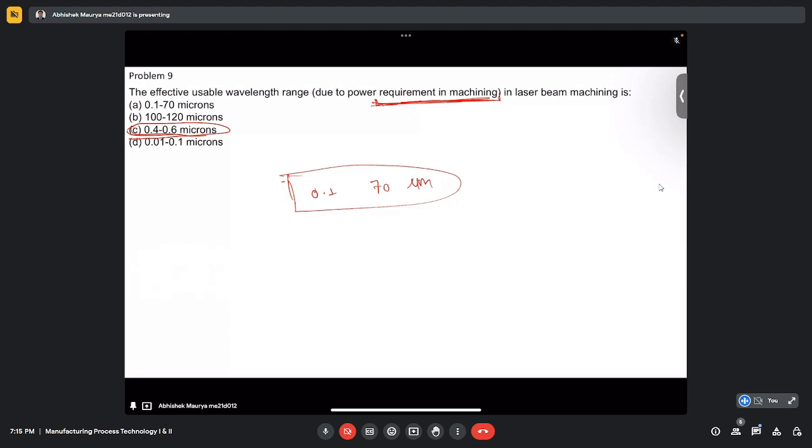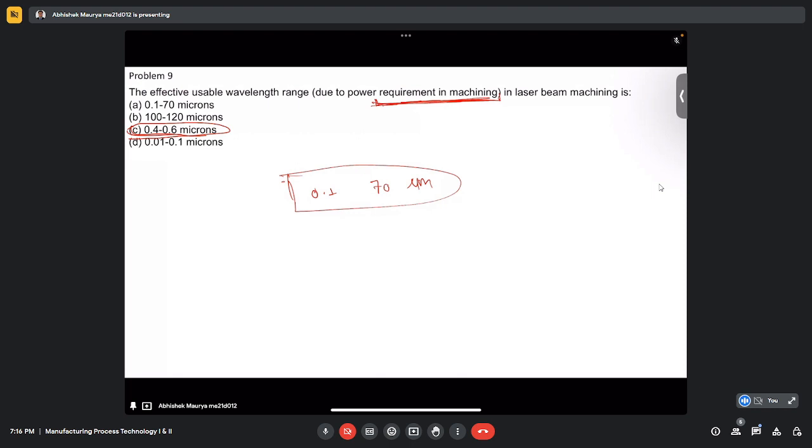Because for laser beam machining, two things are required. One, it should have sufficient power to raise the temperature of the material sufficiently so that melting, ablation or vaporization takes place. At the same time, it should get absorbed by the material. All wavelengths of light cannot be absorbed by the material.